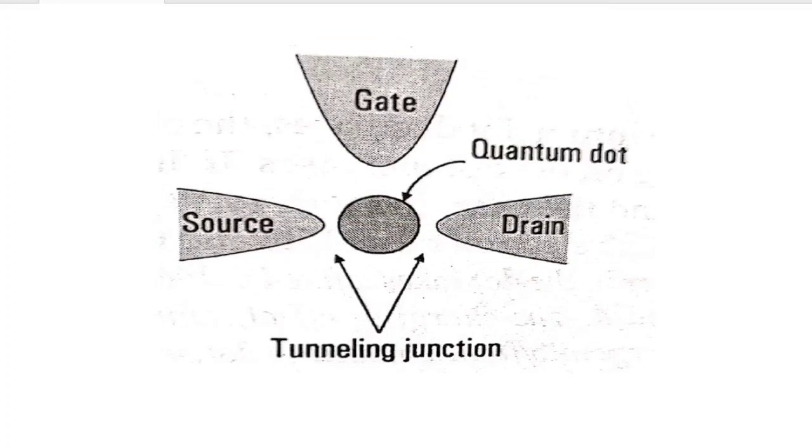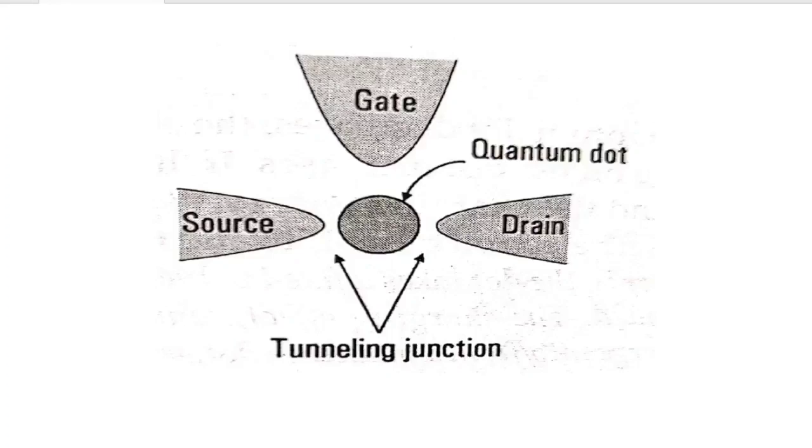Now I will explain the basic operation of single electron transistors. We know that the quantum dot is collecting electrons, a single electron at a time, if you apply a constant external voltage. As the size of the quantum dot decreases, the charging energy of a single excess charge on the quantum dot increases.